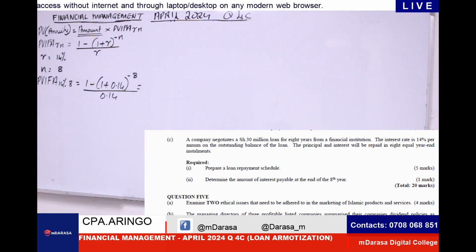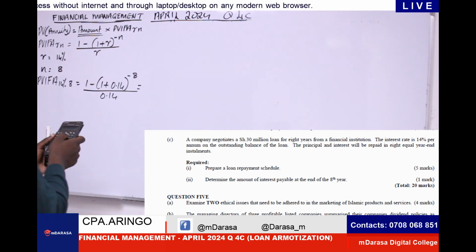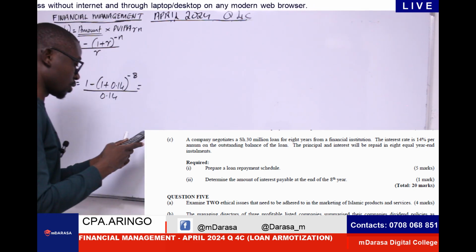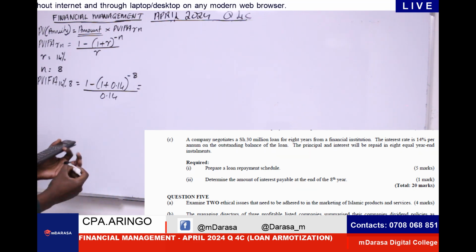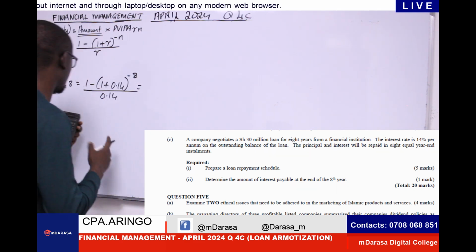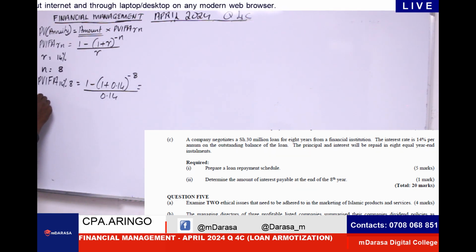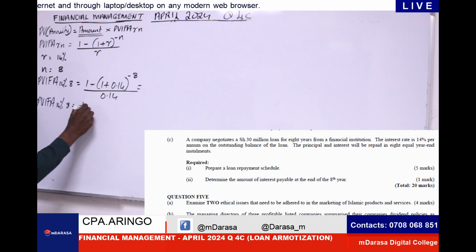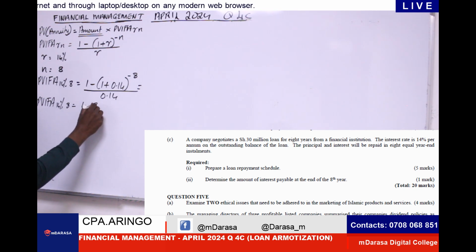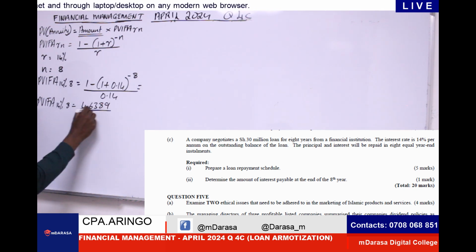So I'll be having 1.14 raised to power negative 8, then 1 minus the answer, divided by 0.14. Mwalimu is getting this present value interest factor annuity, 14% given 8 years, of 4.6389.